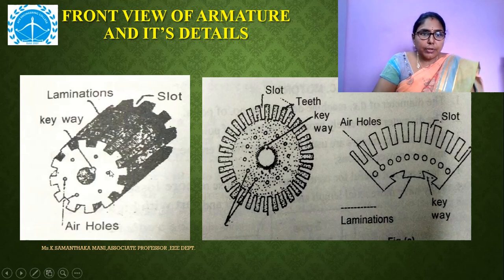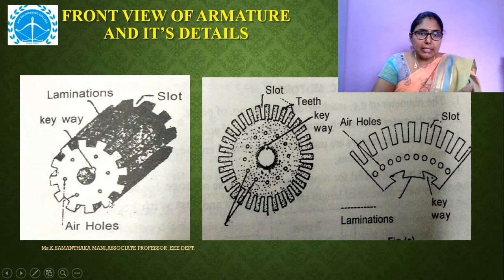Here the laminations are shown, very thin sheets of this type of construction cut into different slices. If you observe, these are the slots, and this is a keyway for the shaft. These are the air holes, and these are the slots.